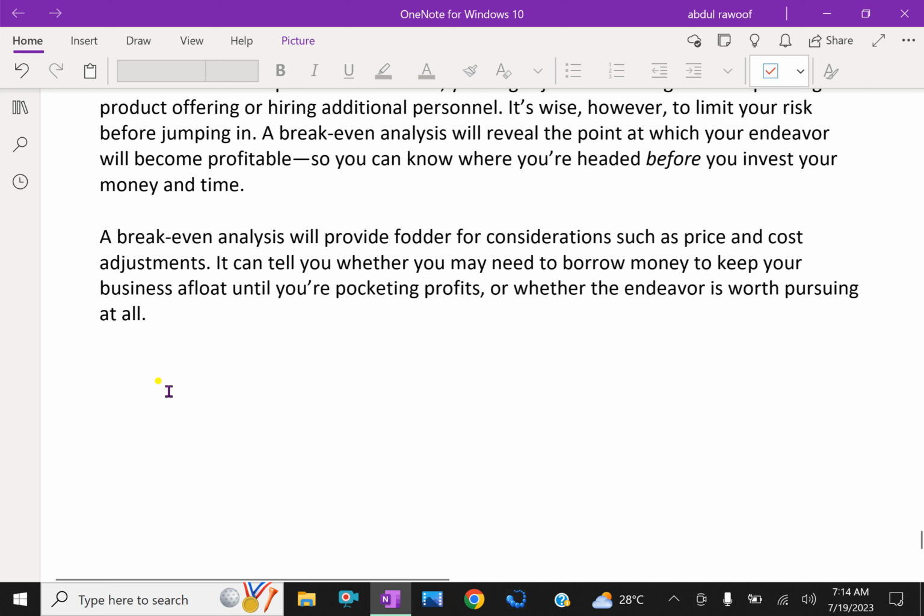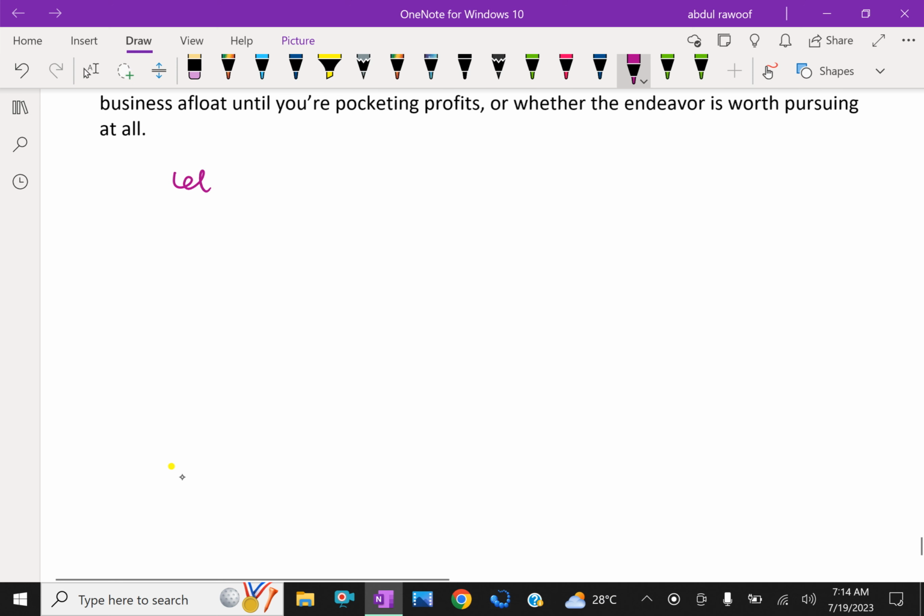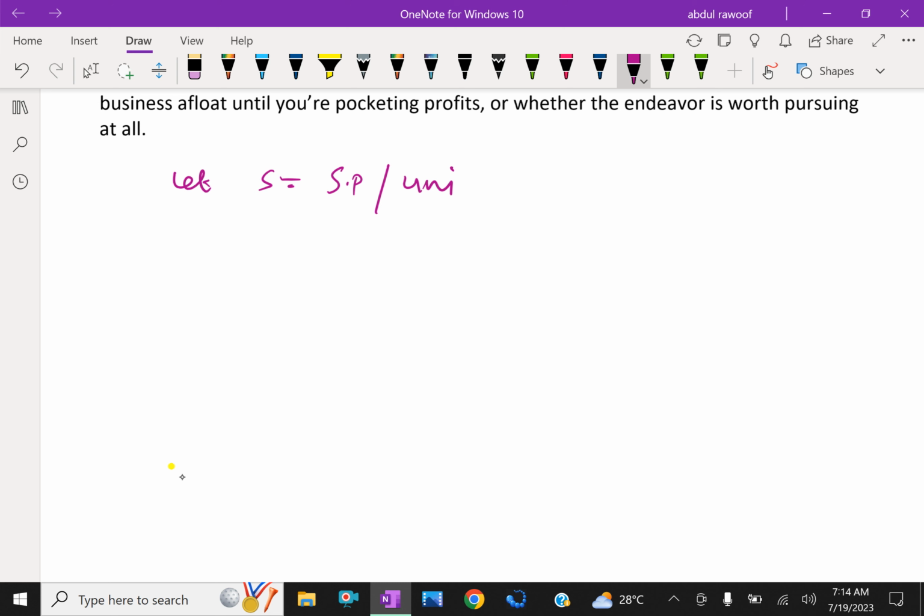Here, we'll discuss further about break-even analysis. The main objective of break-even analysis is to find the cutoff production volume from where a firm will make a profit. Let S equal selling price per unit.